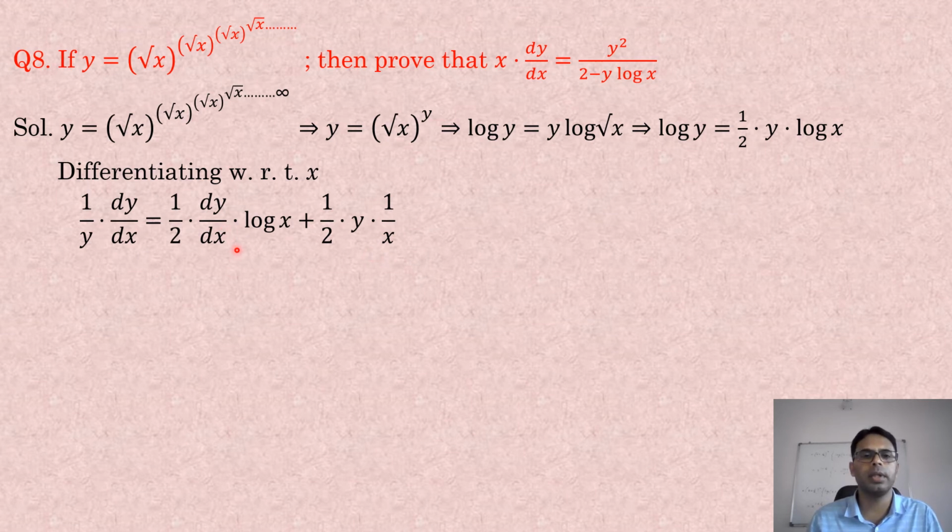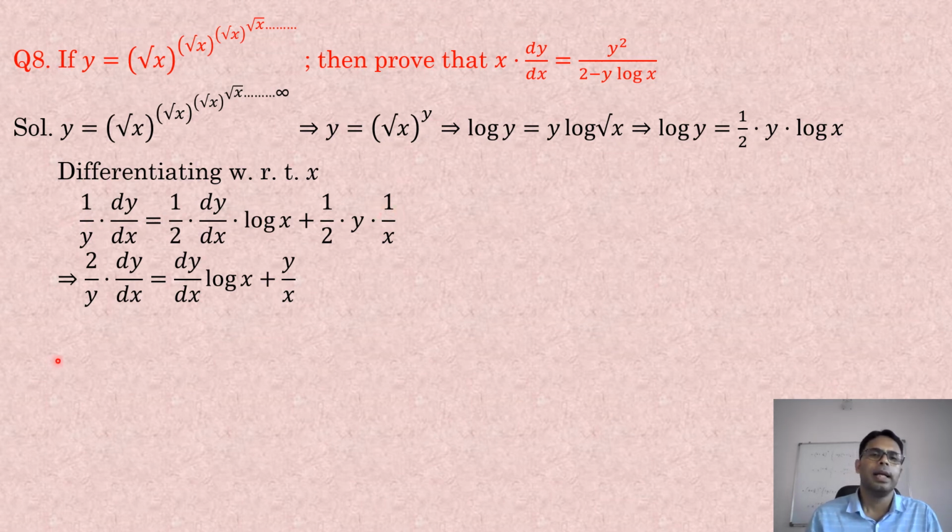So collect the term dy/dx on the left hand side. So the terms are 2 by y dy/dx is equal to dy/dx log x, plus this 2 is already taken as product, and it is the term y by x only. Actually I am taking a multiplication with 2. This total expression is multiplying by 2, and then take dy/dx common on the left hand side.